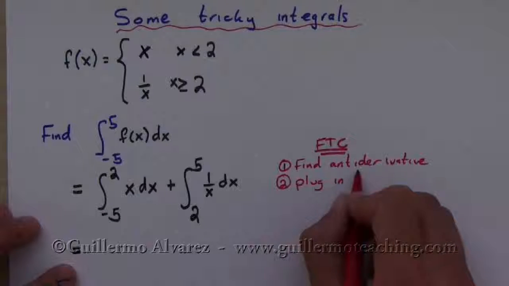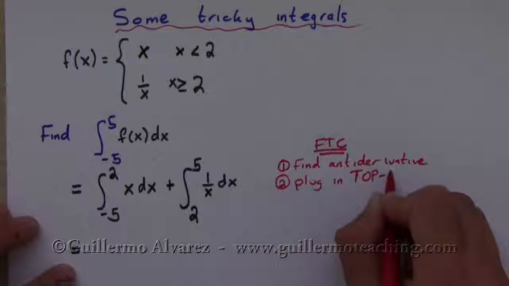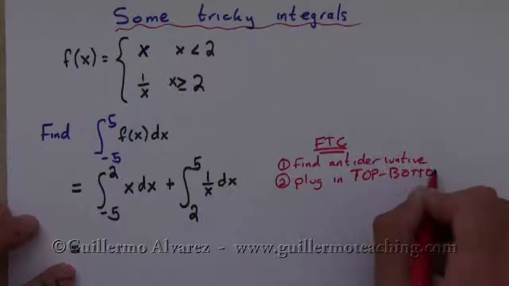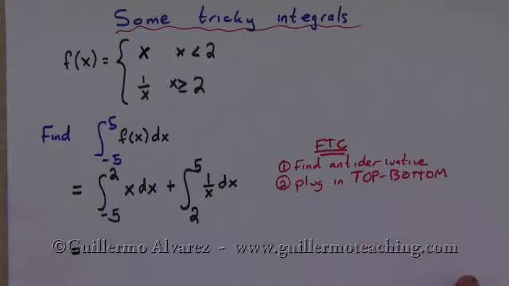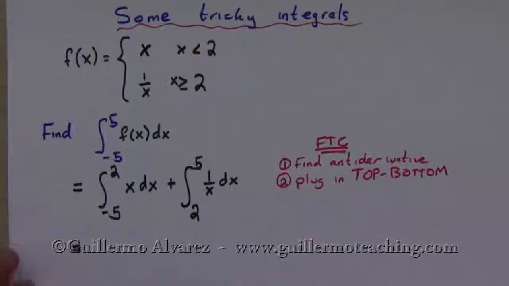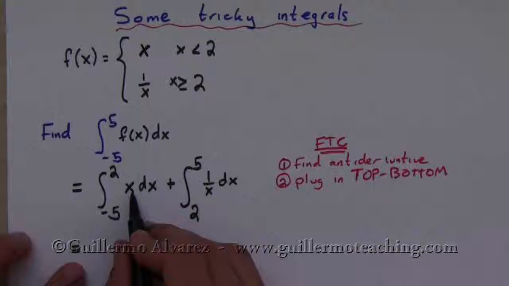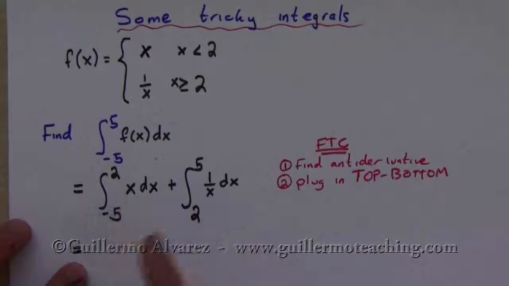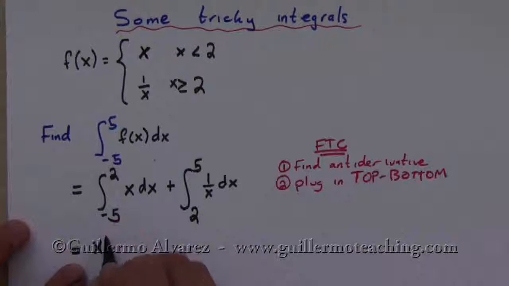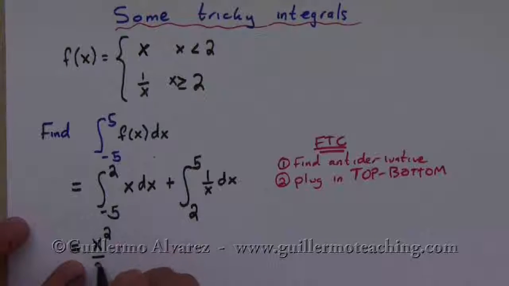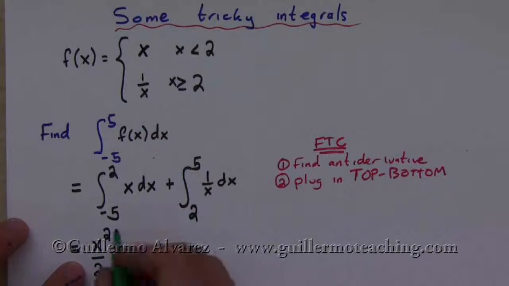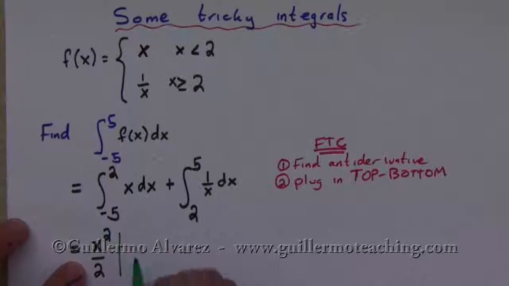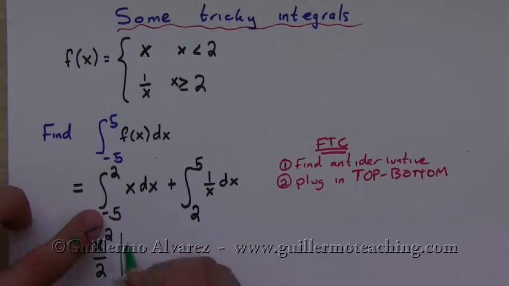Step 2 is plug in top minus bottom. Wowza! So this is excellent. So the antiderivative of x, this one I just used the backwards power rule, right? Which is x squared over 2. And this is going to be evaluated from -5 to 2.